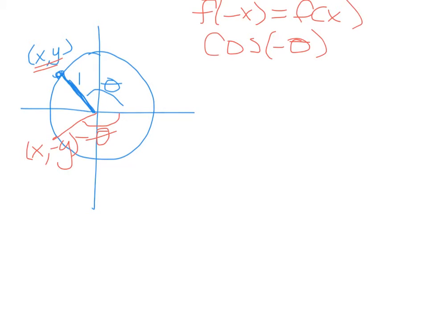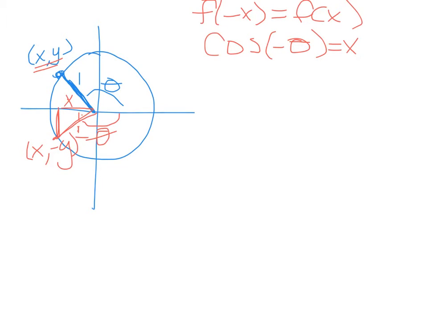So if I'm talking cosine in a unit circle, that's just x. And if I'm talking the cosine of negative theta, it's also x over 1. If I just look at that reference triangle, I have x over 1 for cosine, because it's adjacent over hypotenuse.